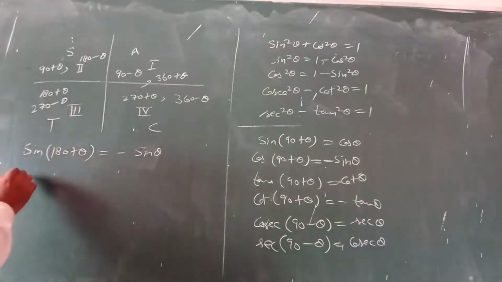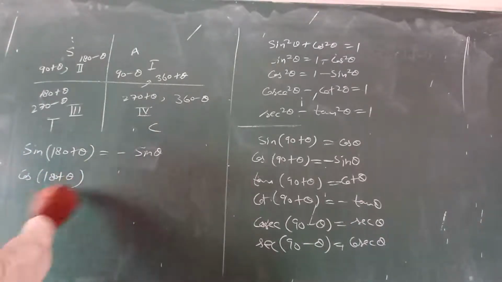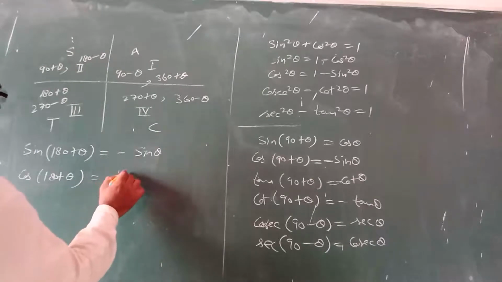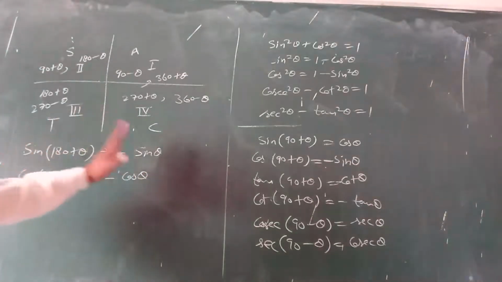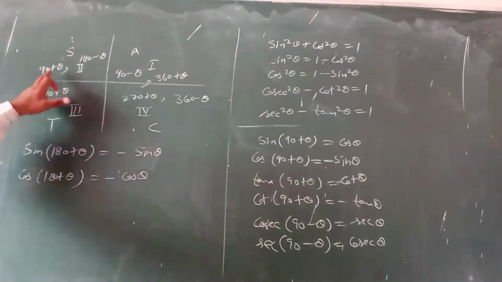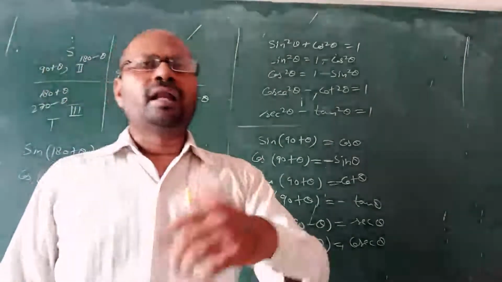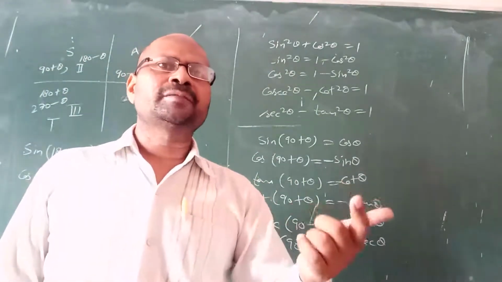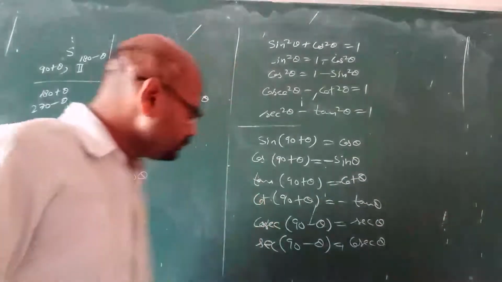Cos 180 plus theta will be minus cos theta. For 180 and 360, sin changes to sin and cos changes to cos, all the same. If it is 90 and 270, sin changes to cos, cos to sin, sec to cosec, etc.